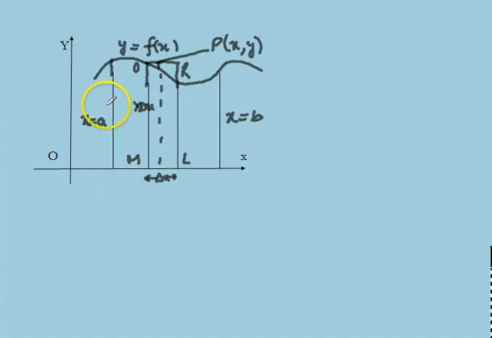Therefore, the area bounded by the curve y equal to f(x), y equal to 0, x equal to a, x equal to b is given by the integral of y with respect to x with limits a to b.